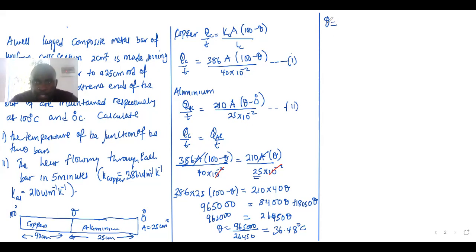So we can as well go ahead and find the quantity of heat. I can use the one for aluminium, which is the coefficient of aluminium, cross-section area times theta minus 0 divided by the length of aluminium.